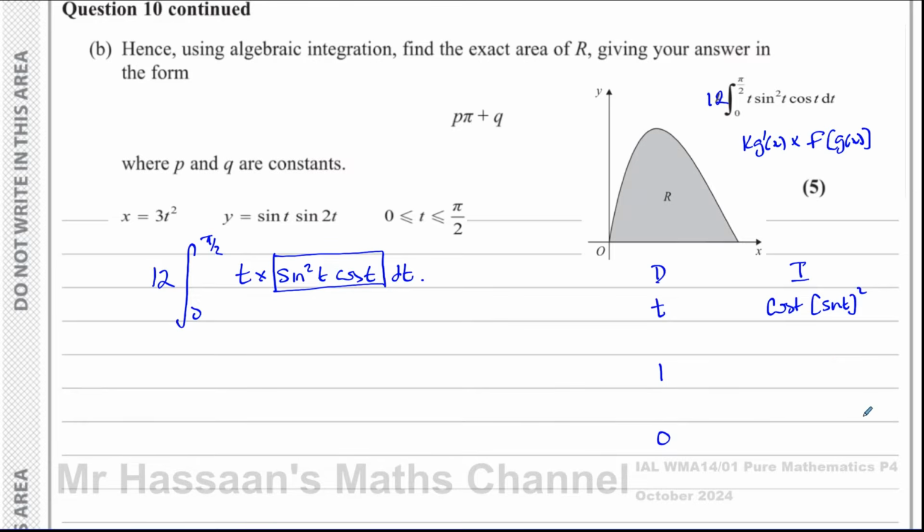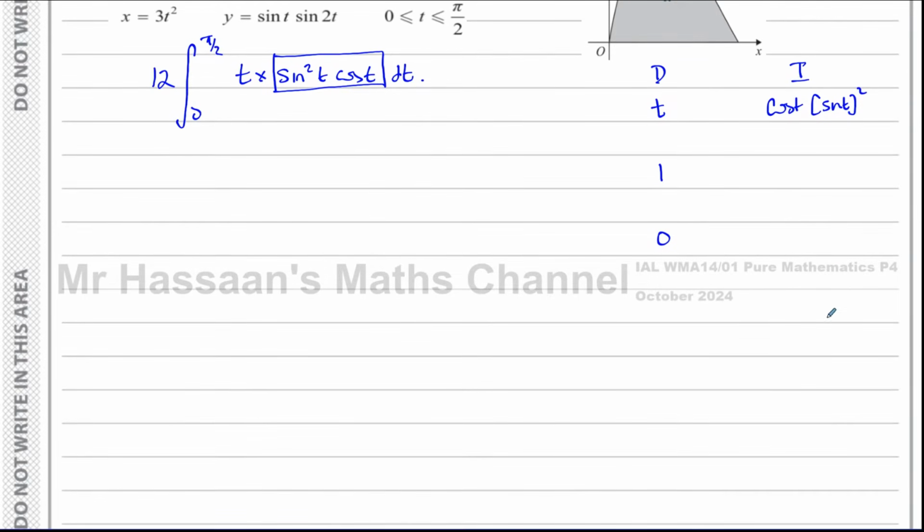So I'll show the steps over here and write the answer there. Basically I take cosine t times sine t cubed, so I raise the power by 1, divide by the new power, and then divide by the differential of what's inside the power, which is cosine t. They cancel out, and you're left with 1/3 sine cubed t.